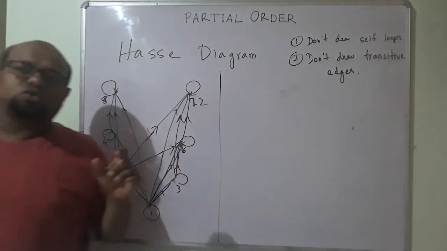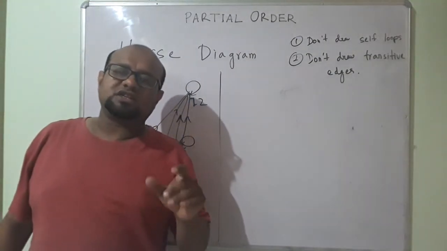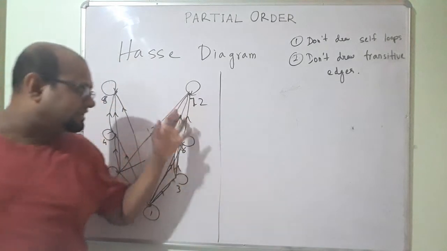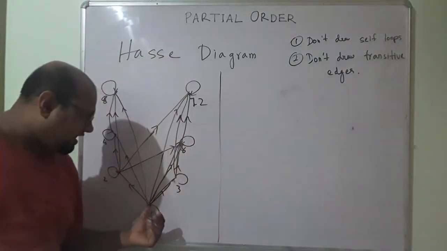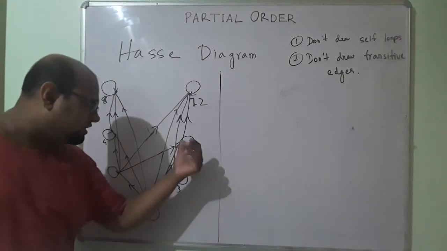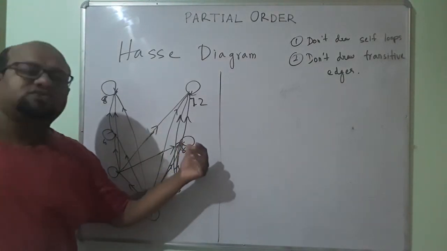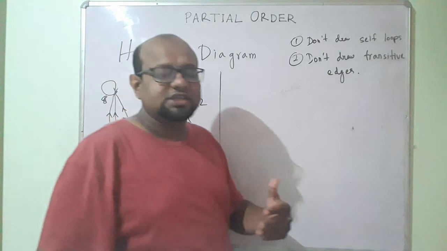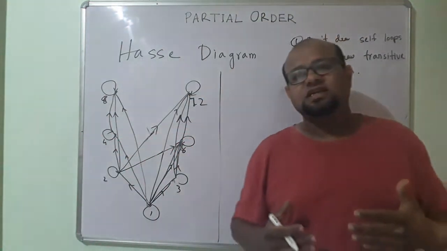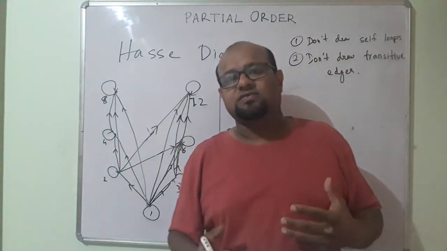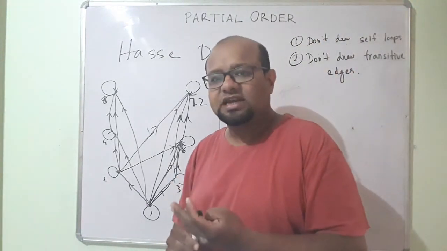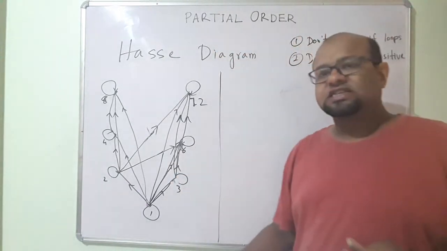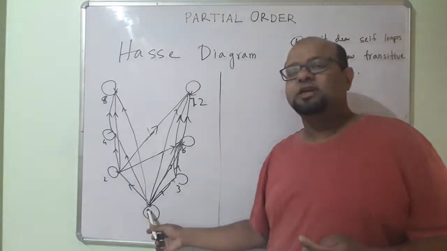Why don't I need to draw these transitive edges? Because these transitive edges, like these self loops, are implied. If I have an edge from 1 to 3 and 3 to 6, then I will have an edge from 1 to 6. I know this because my relation is a partial order relation, so it has to be reflexive, antisymmetric and transitive. Since it is reflexive, I know the self loop will be there.